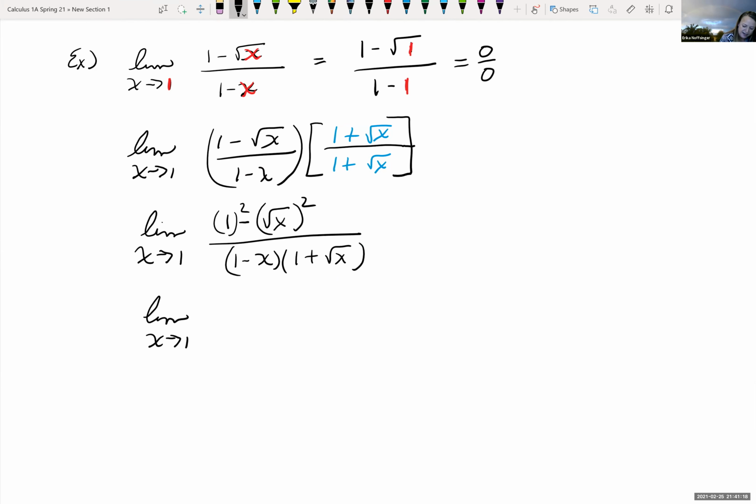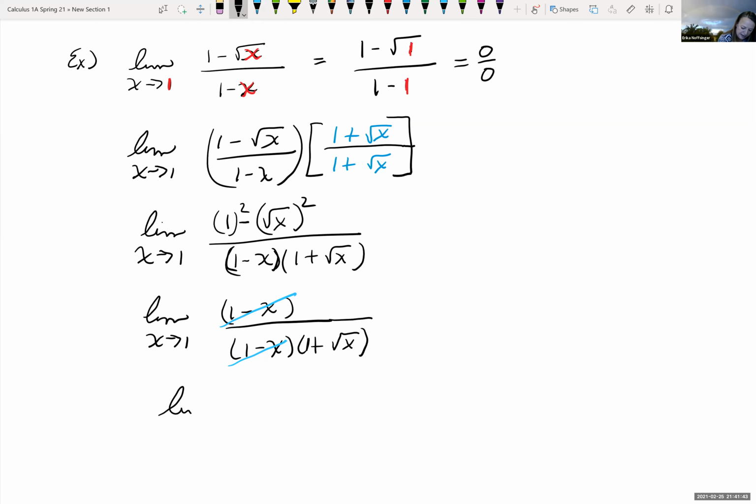So it simplifies, we get 1 minus 1 all over 1 minus x, which notice is the same factor down here. And so those factors now cancel.